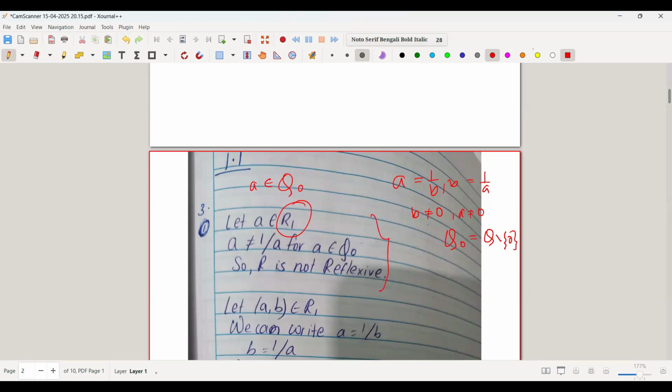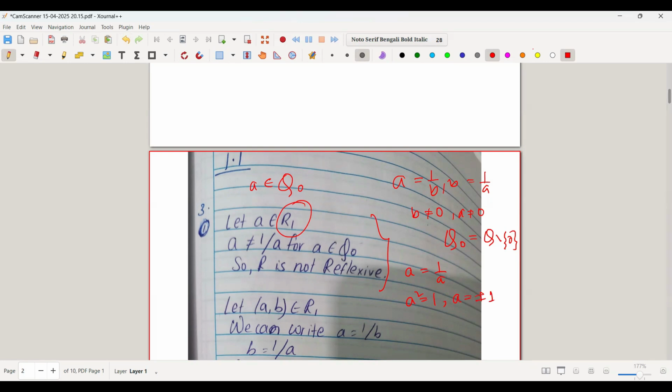This is not correct, because if R1 is reflexive, then (a, a) belongs to R1, and if (a, a) belongs to R1, that means a equals 1 by a. That means a square equals 1, and a square equals 1 means a equals plus minus 1.